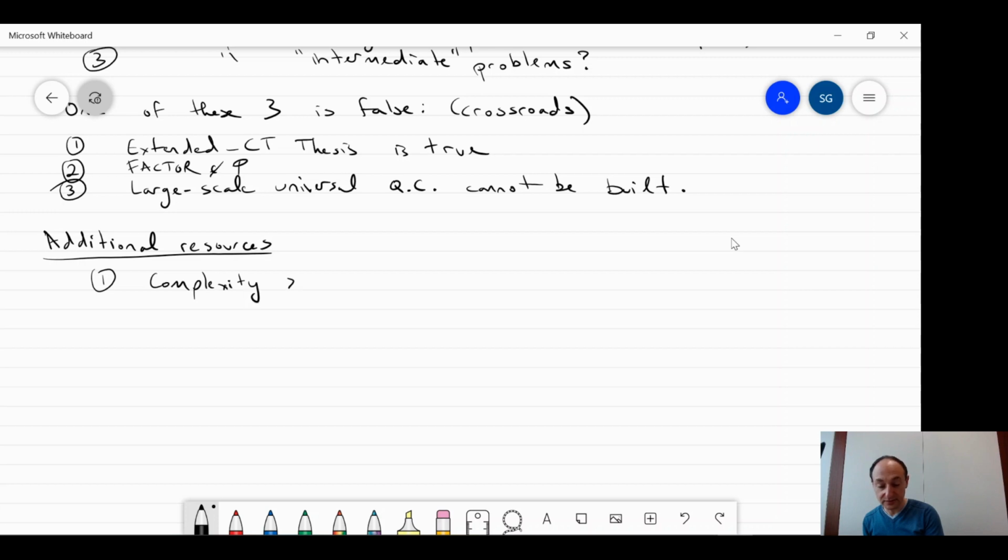I don't think any discussion of complexity theory is complete without mentioning this zoo. You can Google for it. The link is in the notes, but you can certainly just Google Complexity Zoo. It's basically a website that has a giant listing of currently, as of this morning, 545 complexity classes and counting, and has a little bit of information about each. So you can always look up complexity classes very quickly there.